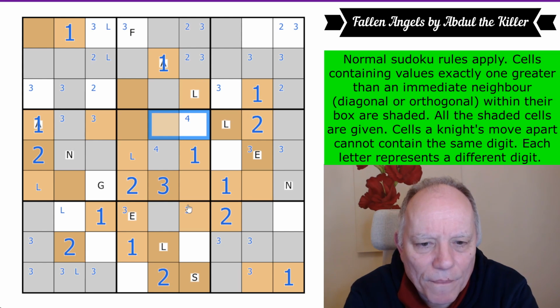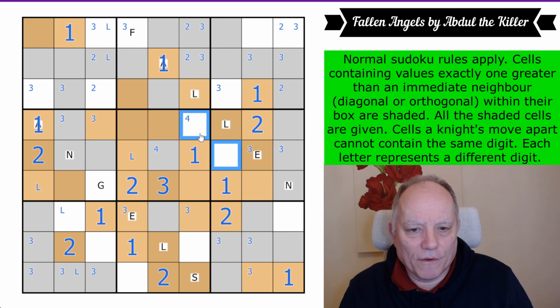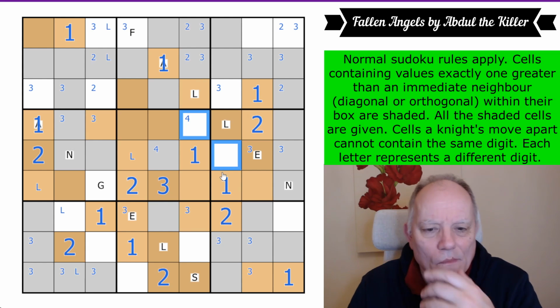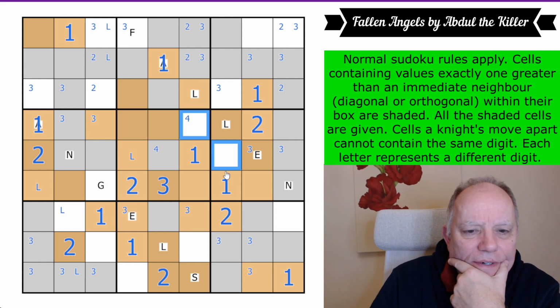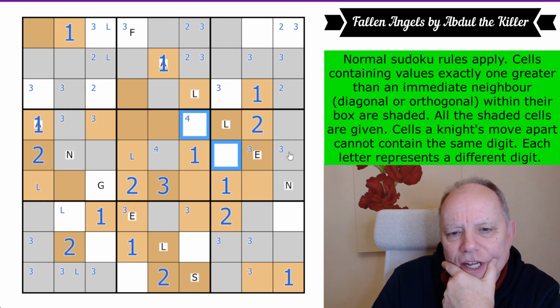Bother. So if that was a 4, that would be a 4. Then, I don't know, oh, that would force this to be 3.